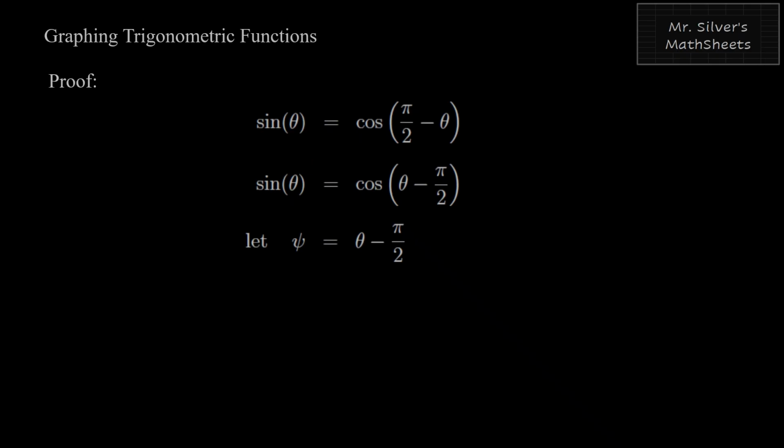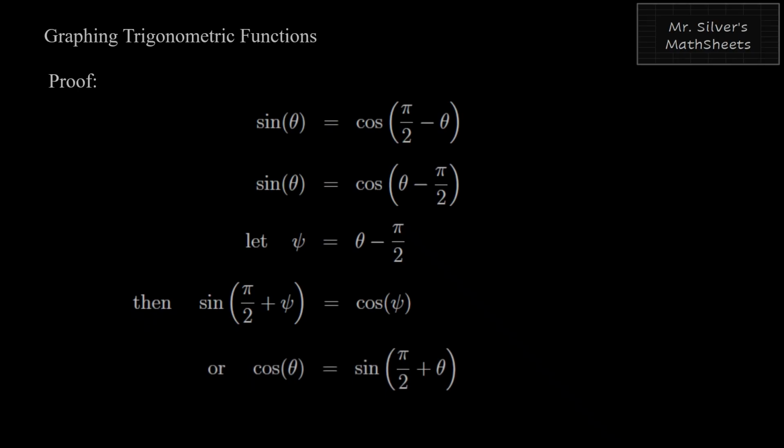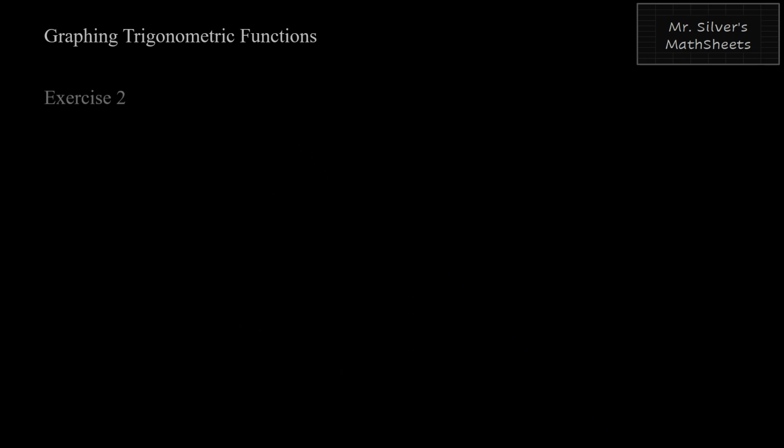Psi is equal to theta minus pi over 2. I plug that in there and we can get a similar expression for cosine. Cosine of psi is equal to sine of pi over 2 plus psi. And we could change it to theta as well because it's a dummy variable. But yeah, that's what we wanted to show.